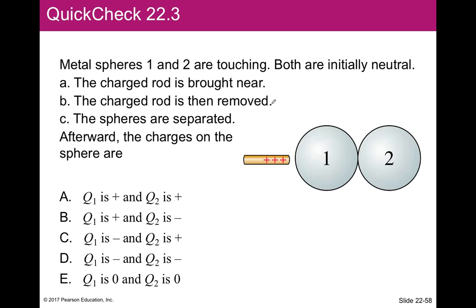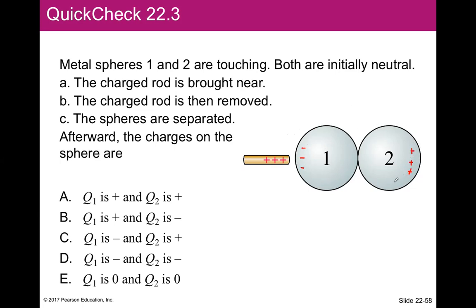Okay, so what is your choice? Right, so induced charge. Once you have a positive thing here, the neutral object will have negative charges close to the object, and then the positive charges will be repelled to the other end.